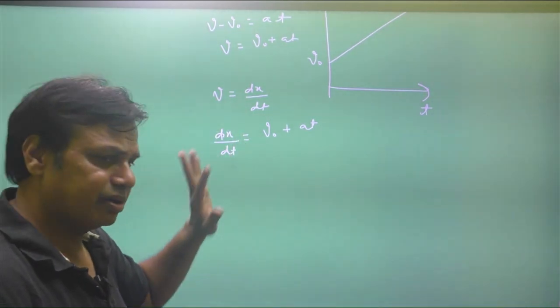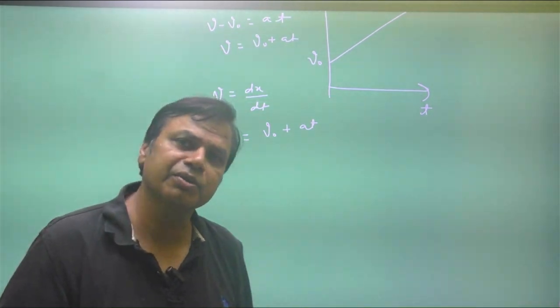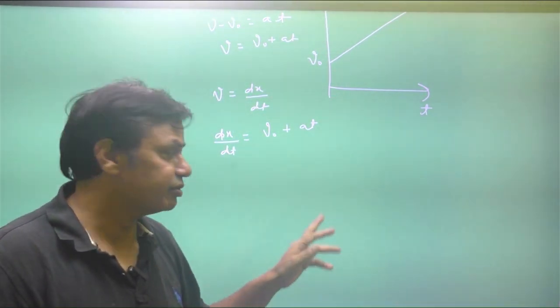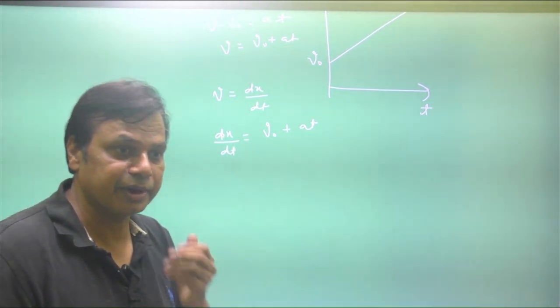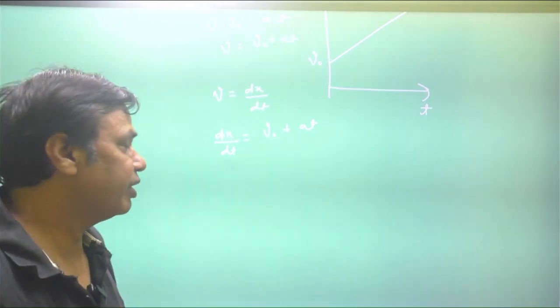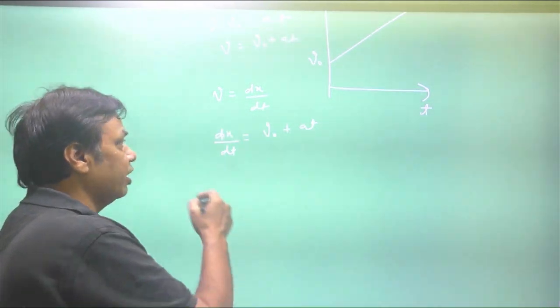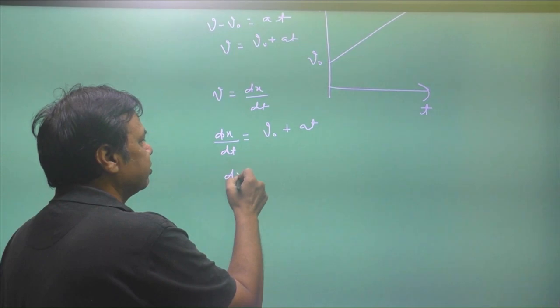V naught is a particular value of velocity, so it's a constant. Acceleration is already constant. Time is the variable, and here x is the variable. So you need to identify both the variables, and again separate them like we did earlier.